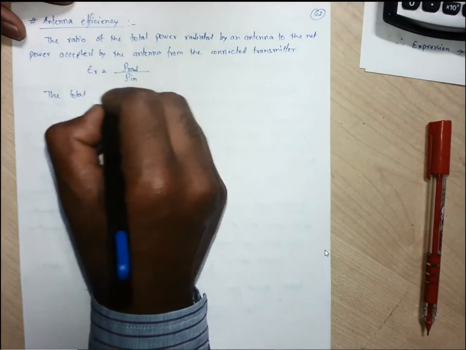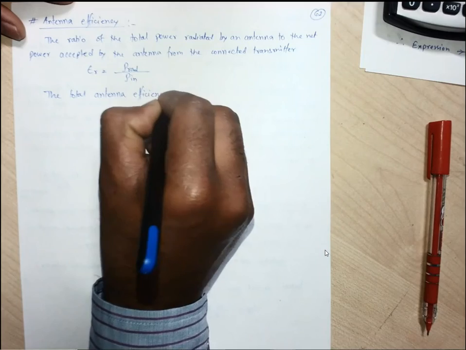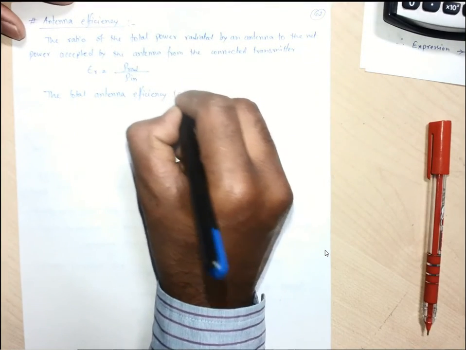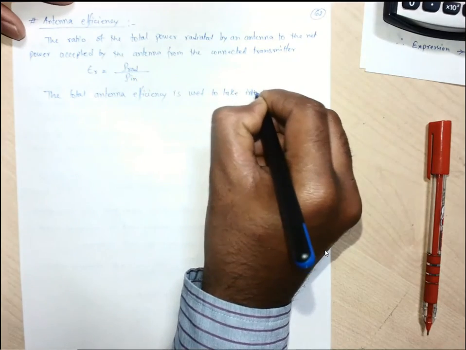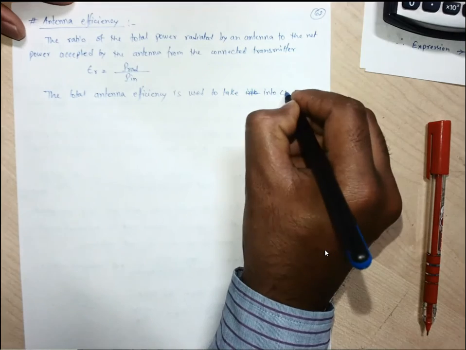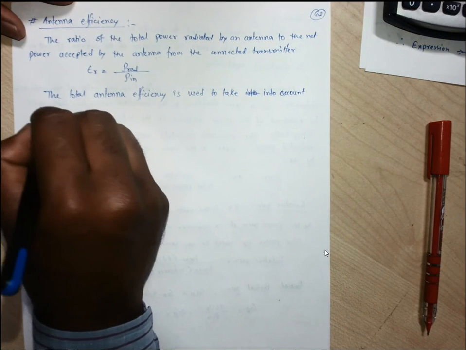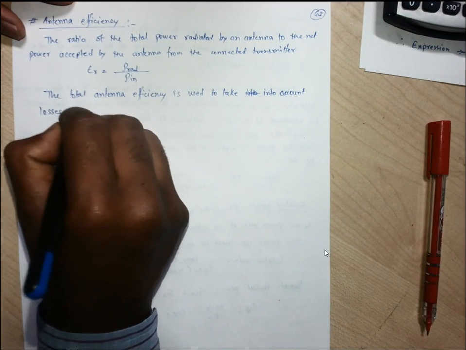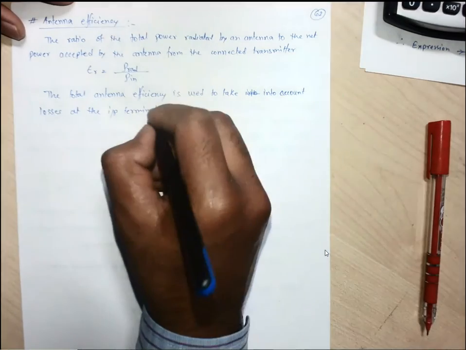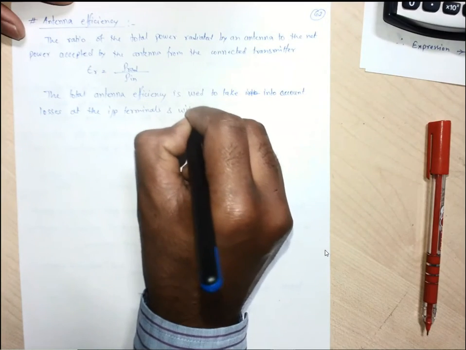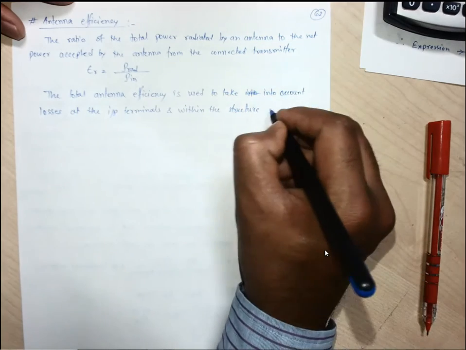So this total antenna efficiency is used to take into account losses at the input terminals and within the structure of the antenna.